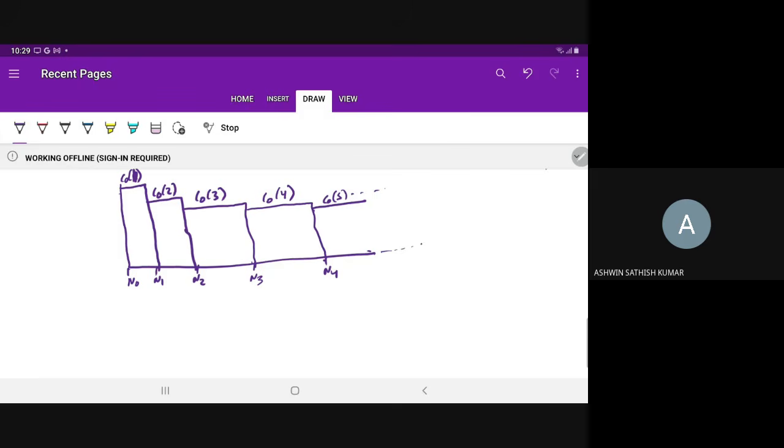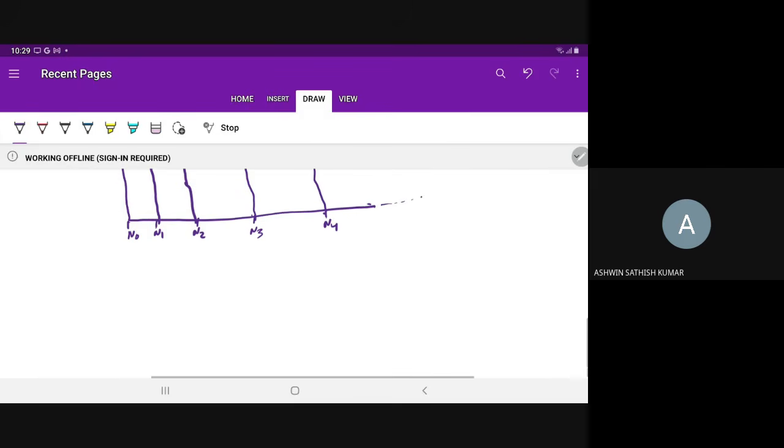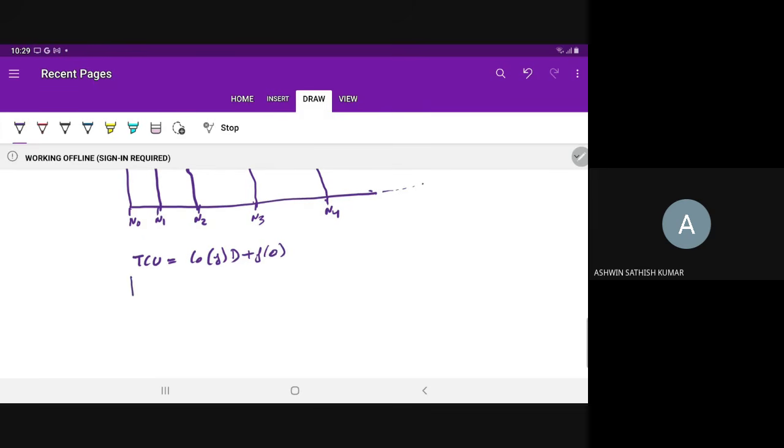So this will continue. Now, what is the TCU? TCU is C naught J into D plus FQ. I'm saying that at the Q naught, FQ is minimum.